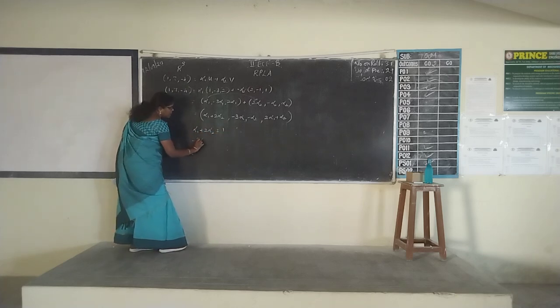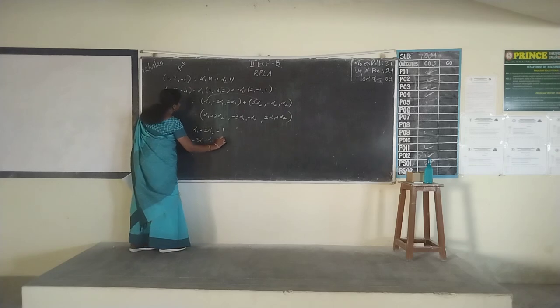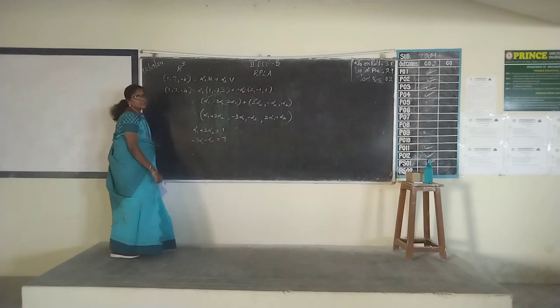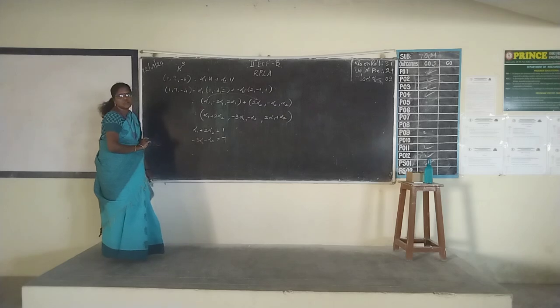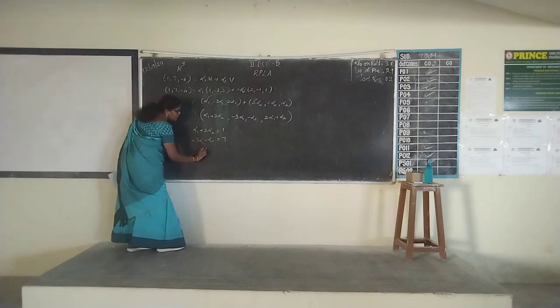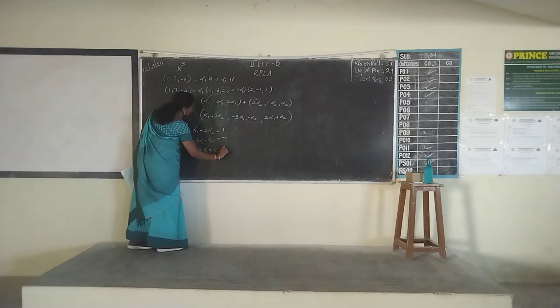Second one, minus 3 alpha 1 minus alpha 2 equals 7. Third element, the right hand side and left hand side should be the same, so 2 alpha 1 plus alpha 2 equals minus 4.